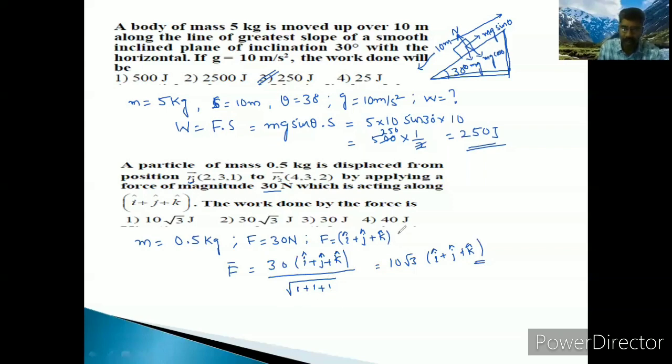Work done we need to find out. Force we got, so then r also we need to find out. How can we get r? Displacement r is equal to final position minus initial position.